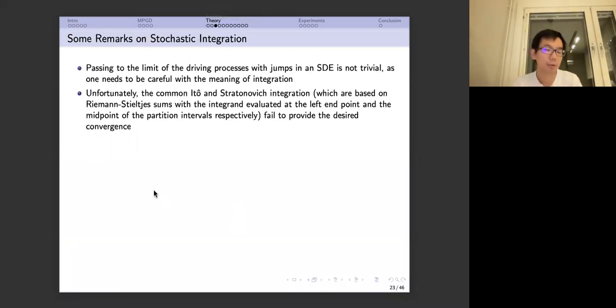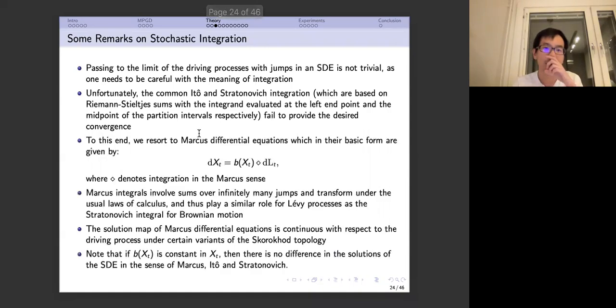So why do we need Marcus integration? Usually when we look at SDEs driven by Brownian motion, people typically look at Ito or Stratonovich integrals. But in the case of dealing with SDEs driven by processes with jumps, we have to be careful when defining the integrals. Marcus integration, sorry, is a way to deal with this.